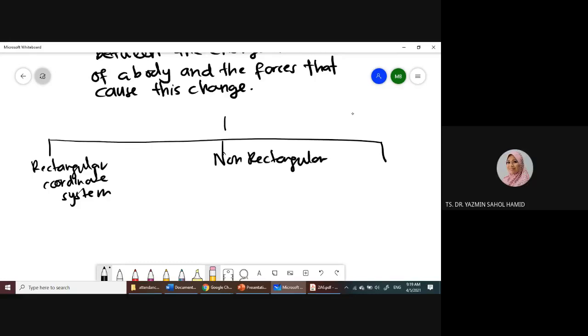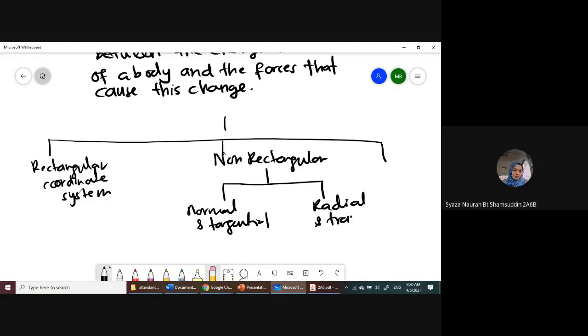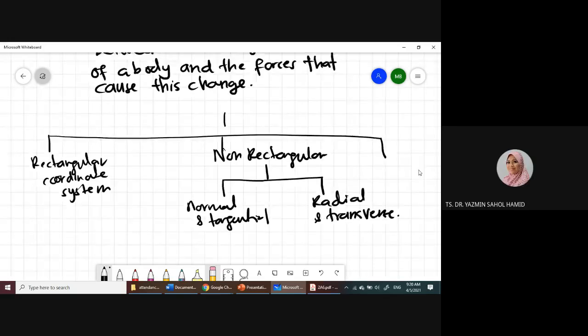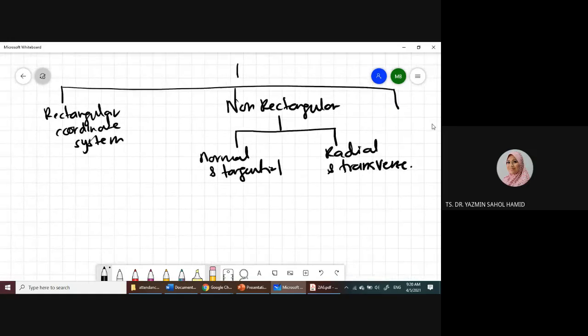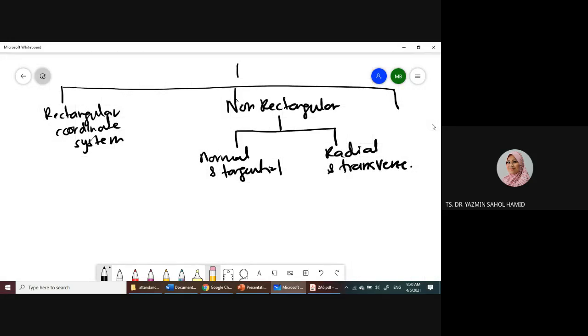Non-rectangular has two, which are normal and tangential, and radial and transverse. Sorry, transverse.